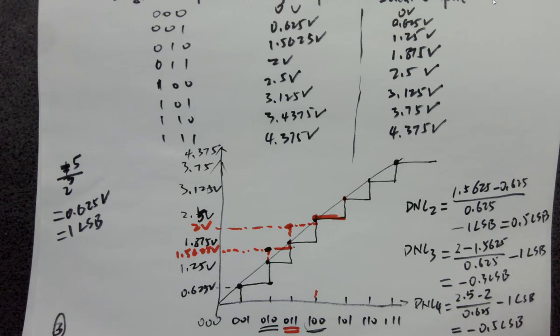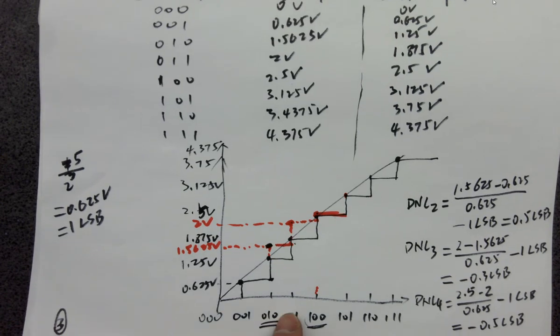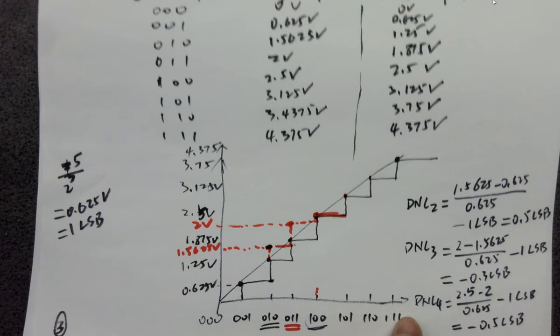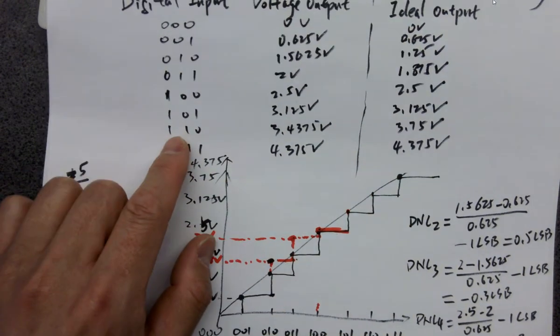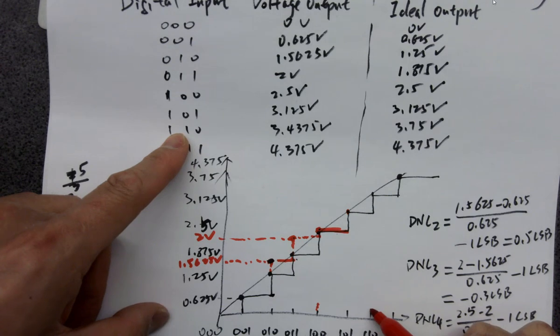I probably didn't label it correctly somewhere. 0.625, 1.25, 1.875. Looks right. Did I skip one number? No, I didn't. 110 here.